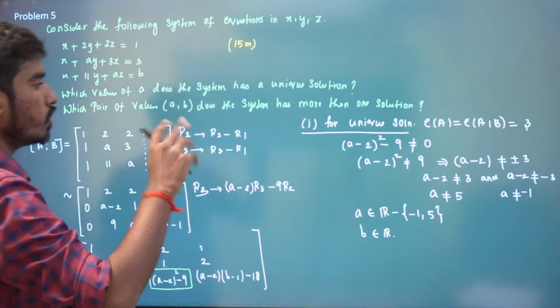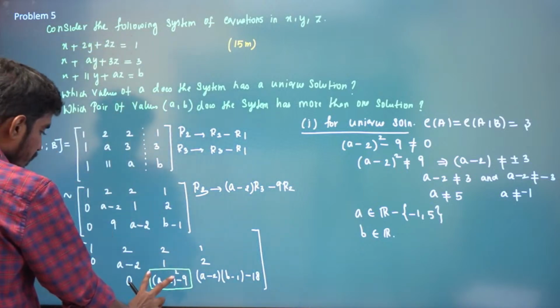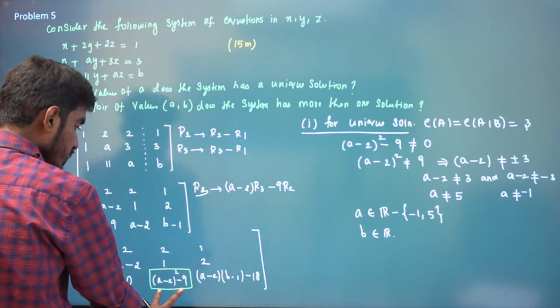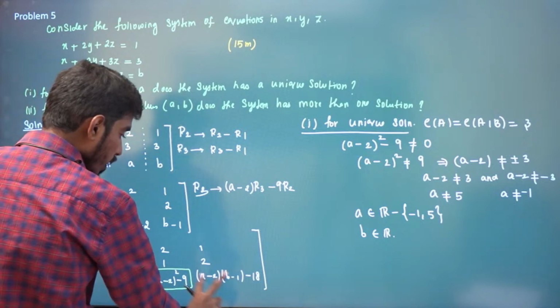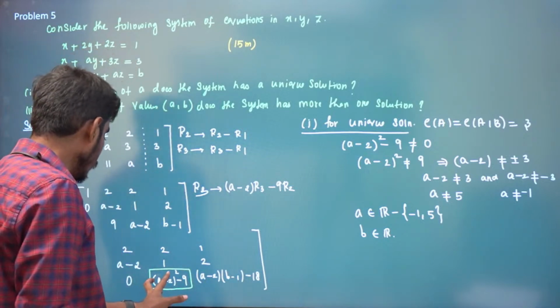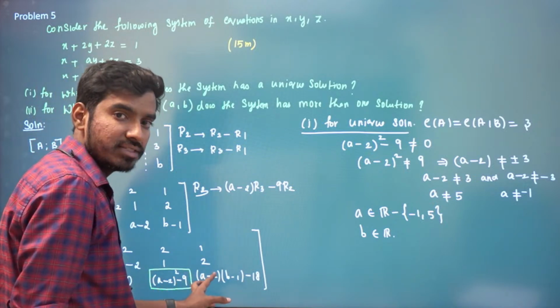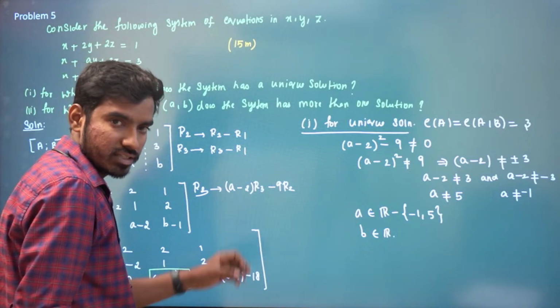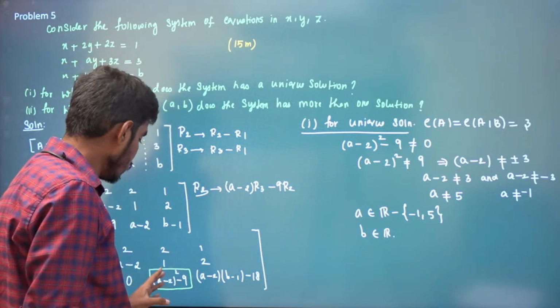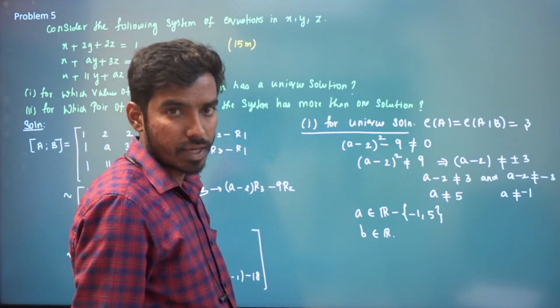Suppose they ask you for what values of A and B it has no solution. Then for no solution, this number should be 0 and this number should not be 0. Yes or no? For no solution, if this is 0 the rank will be 2. If this is non-zero the rank will be 3. So if this is 0, A can be minus 1 or plus 5.